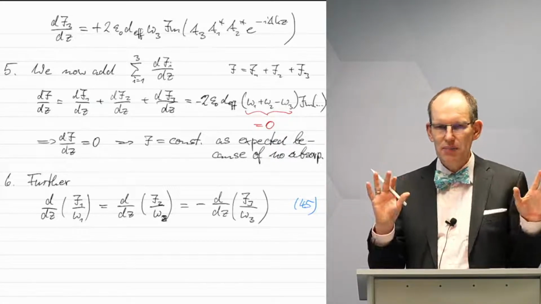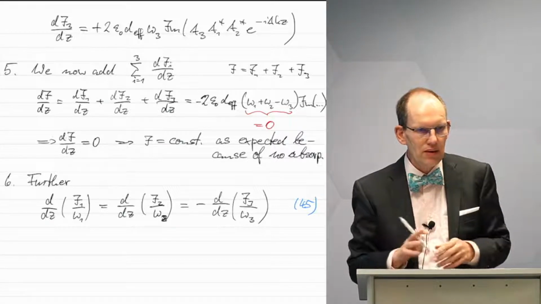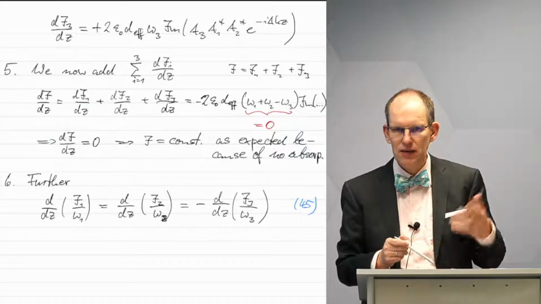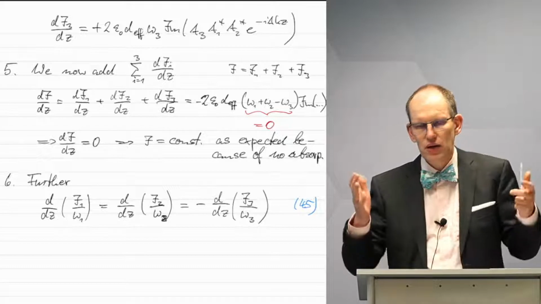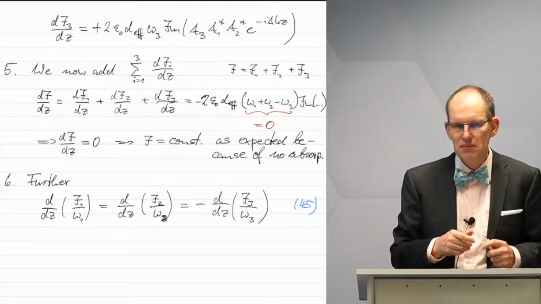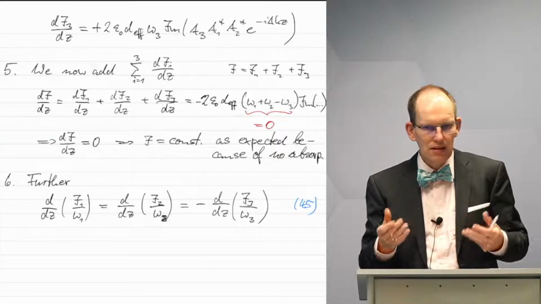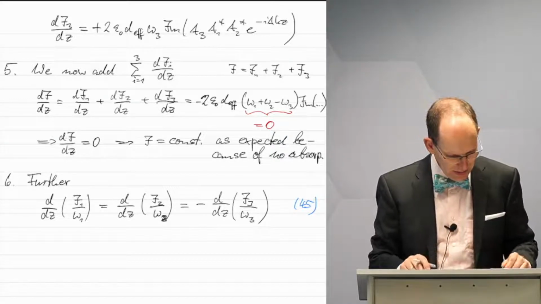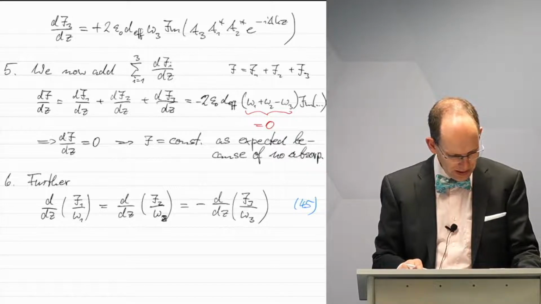Yeah, we didn't talk about photons here. So we are not doing quantum optics, we are just doing kind of classical nonlinear optics. But nevertheless, it reproduces the result that we know from quantum mechanics.